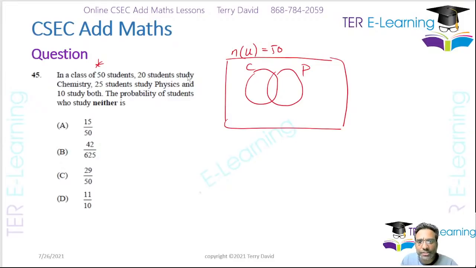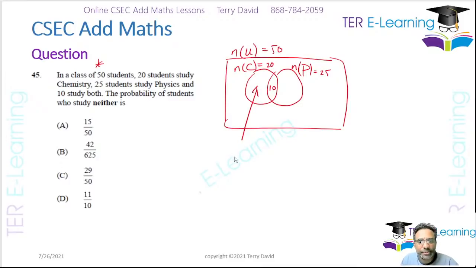You have 20 students who study chemistry, so n(C) is 20. And the number of students who study physics is 25, so n(P) is equal to 25. 10 study both, so 10 here is in the middle.